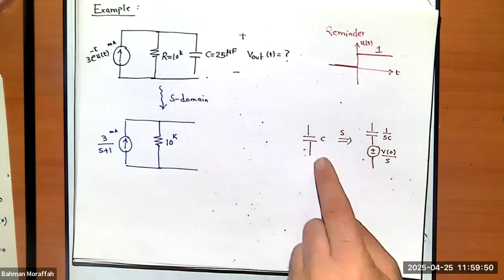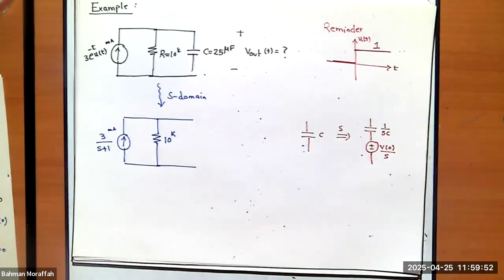So to be able to replace the C, I've got to know what the voltage across that C is at time 0. But remember, the voltage across the capacitor is a continuous function. Isn't it? It is. Therefore, V at time 0 is the same as V at time 0 negative.